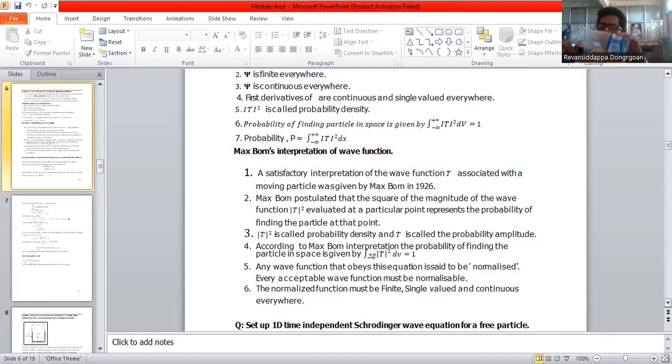Already you know the wave function. What is the wave function? According to the last definition, this is the particle, this is the body. I will draw the particle somewhat bigger. Are you able to see this? This is the particle.